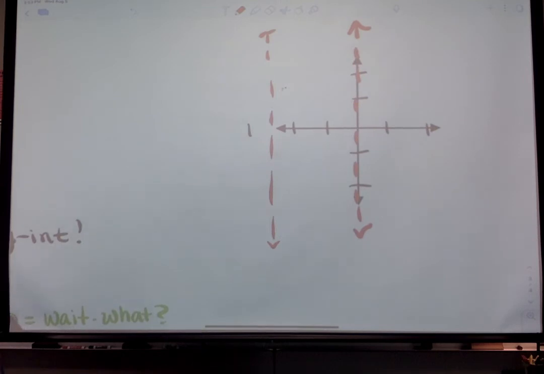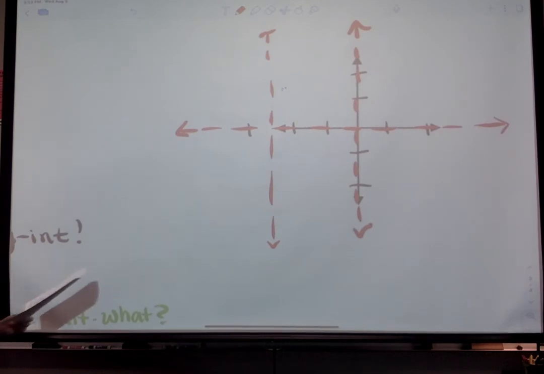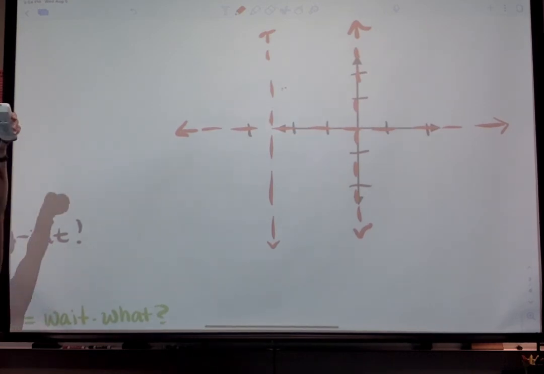And a horizontal asymptote at y equals 0, okay. Never going to cross the x-axis, never going to cross the y-axis. Got my asymptotes drawn, so what on earth does this thing look like?